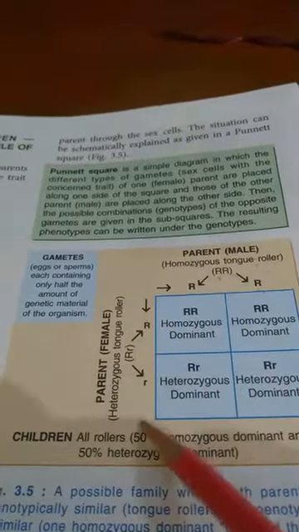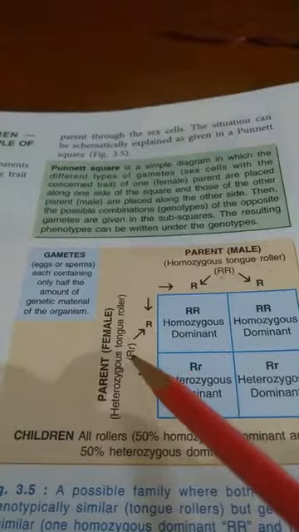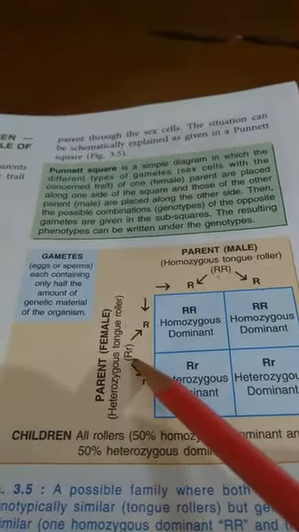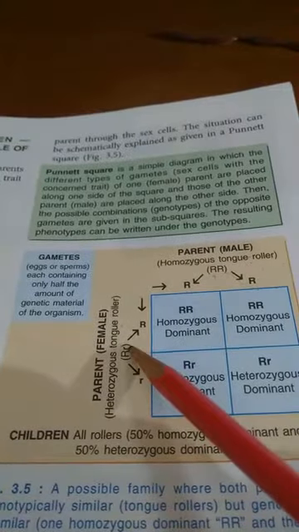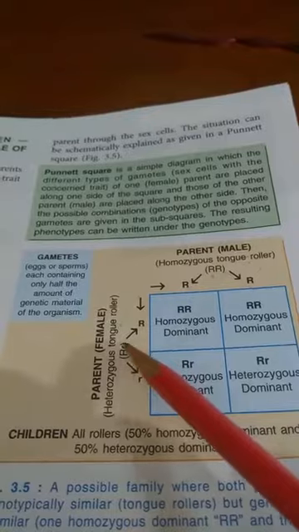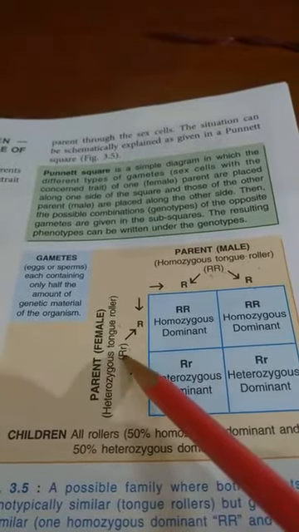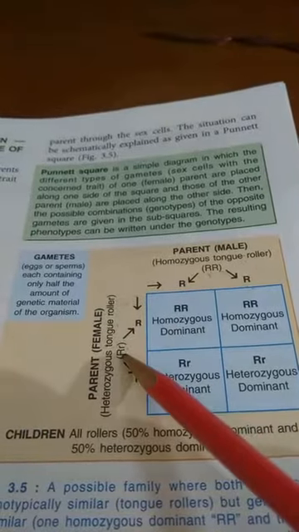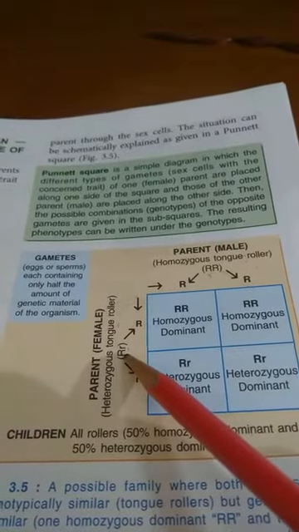On the other side we write the other parent, female, and it is a heterozygous tongue roller. Heterozygous tongue roller means having two different types of alleles, capital R and small r. But because capital R is present here, this female can roll the tongue, because capital R is the dominant character.